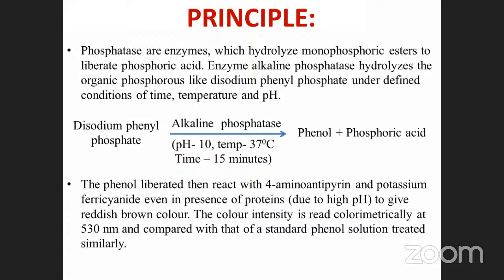This is visible; the reason is that for a specific color, a specific wavelength is selected, because at that wavelength you will get maximum optical density or absorbance. If the wavelength is increased or reduced, you will get lower absorbance or optical density, and this will not be proportional.